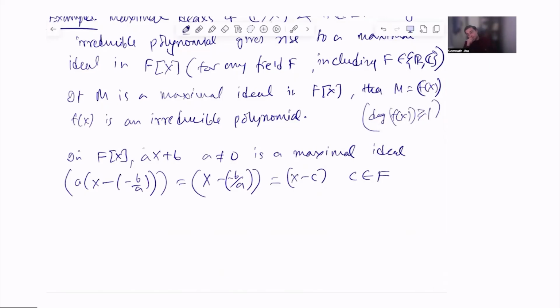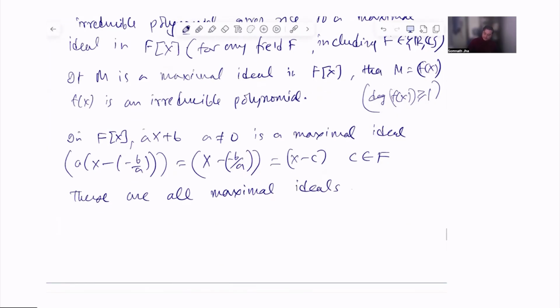We have seen this example before. So in particular (x minus c), where c belongs to R or c belongs to C, are maximal ideals in R[x] and C[x].